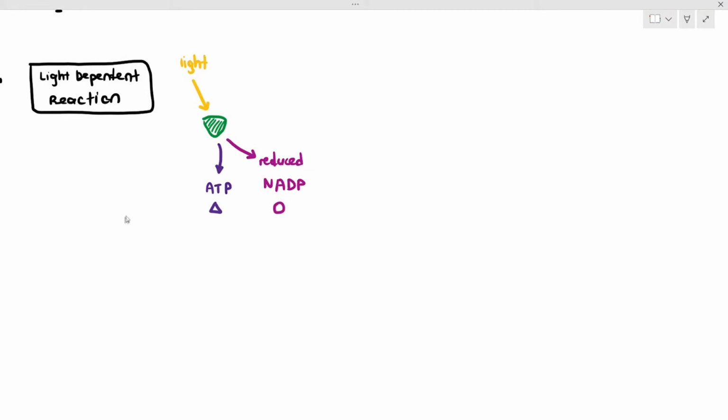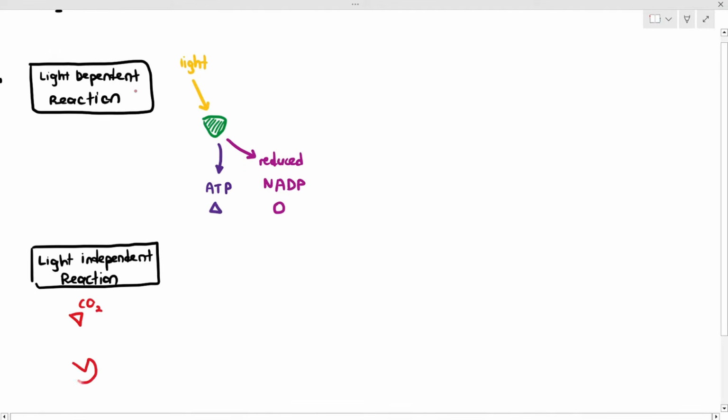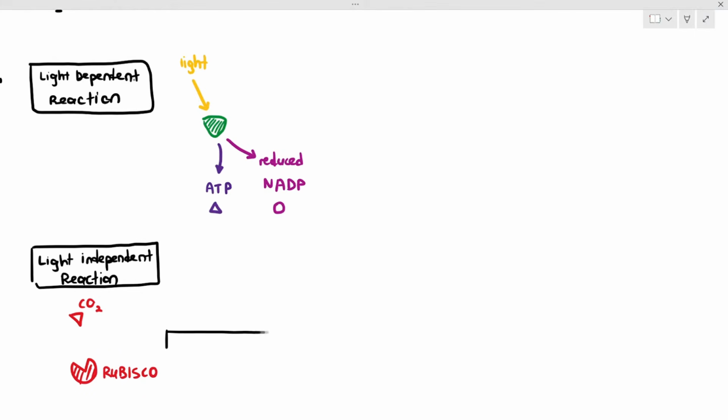And in the light independent reaction, the carbon dioxide, which I've represented as a red triangle, binds to the active site of the Rubisco enzyme. I didn't put the RuBP in this case, but it joins together with RuBP.